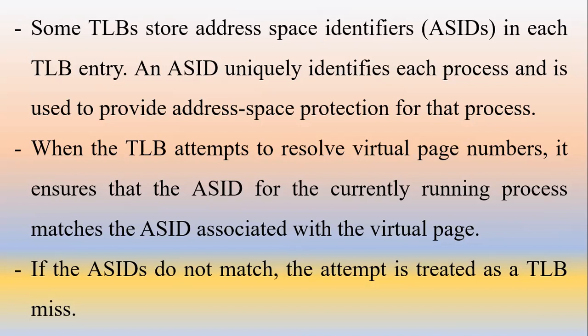When the TLB attempts to resolve virtual page numbers, it ensures that the ASID for the currently running process matches the ASID associated with the virtual page. If the ASIDs do not match, the attempt is treated as a TLB miss.